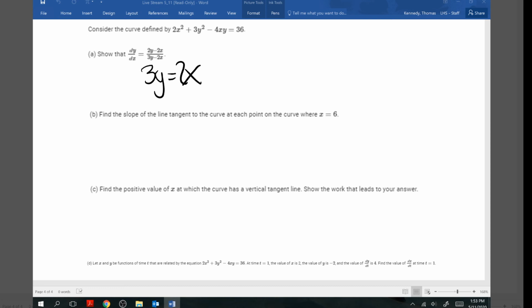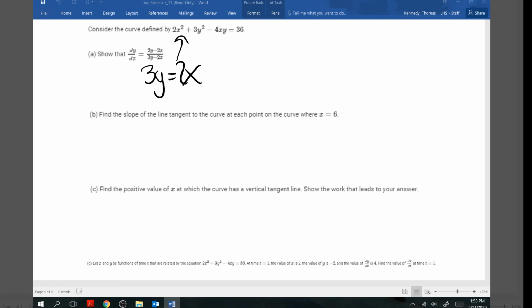So I need to figure out where this happens. I'm going to convert one of my starting equations with this ratio. That 3y needs to equal 2x for me to get a vertical tangent.